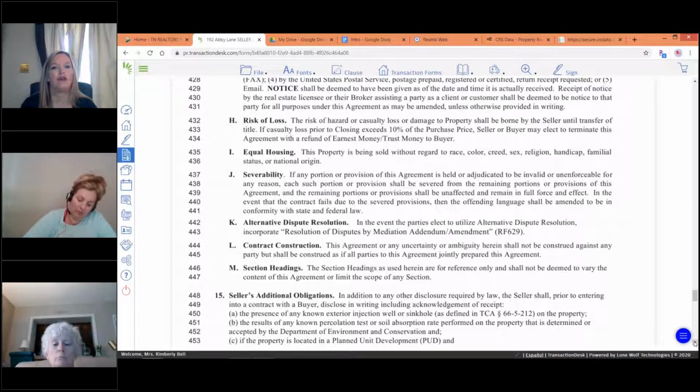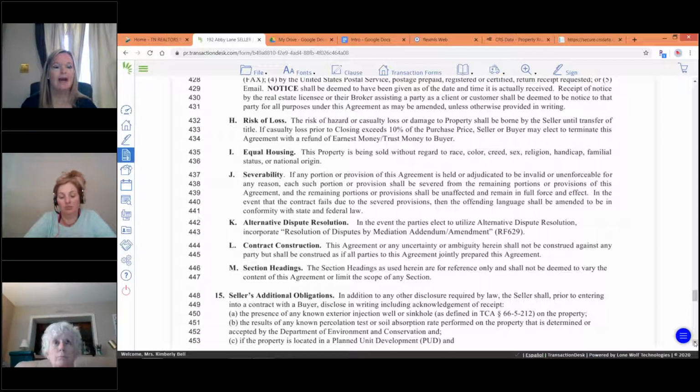How do you determine if you are required to move forward? On line 433, if the casualty loss prior to closing exceeds 10% of the purchase price. Okay. So if the loss takes away that amount, which a fire would, and they can't make it right, then you can terminate.